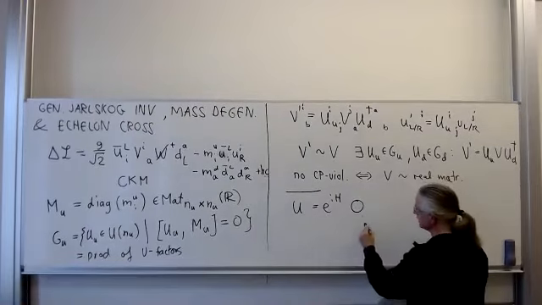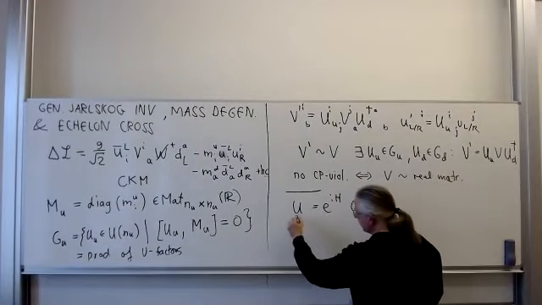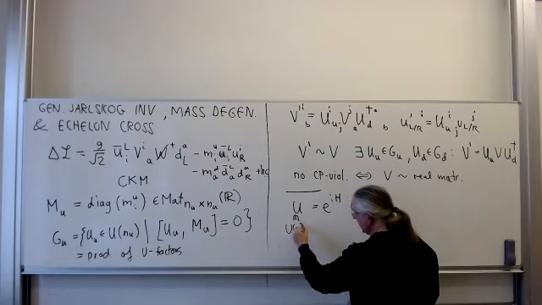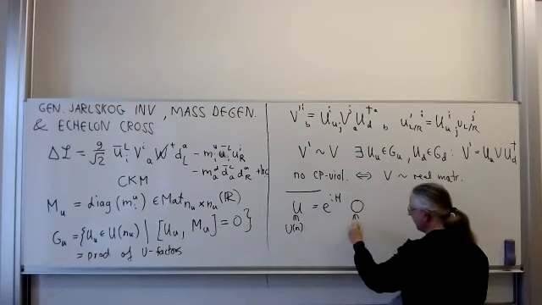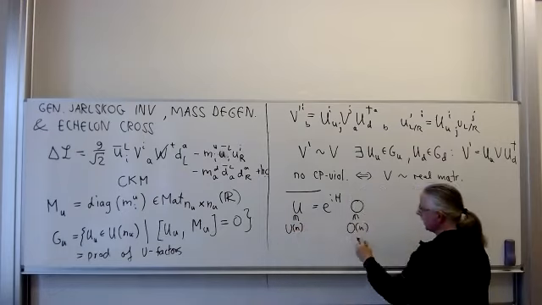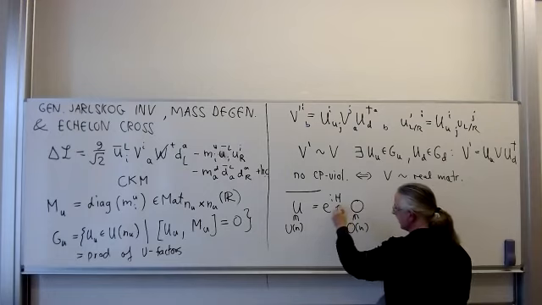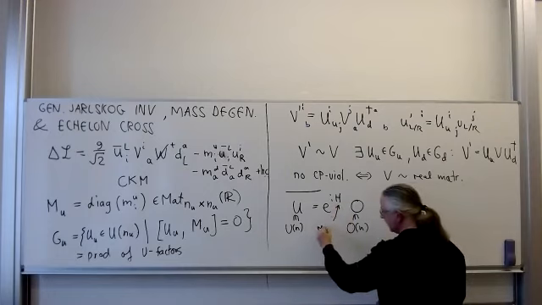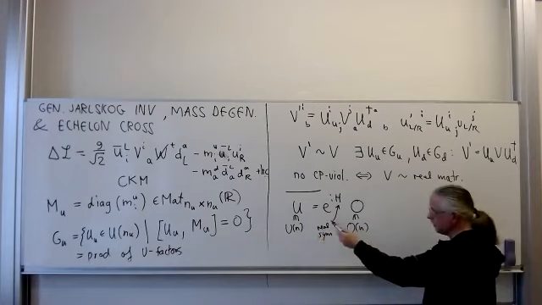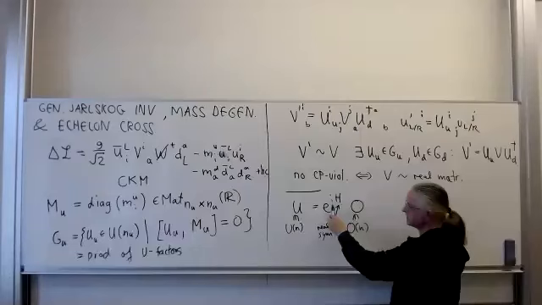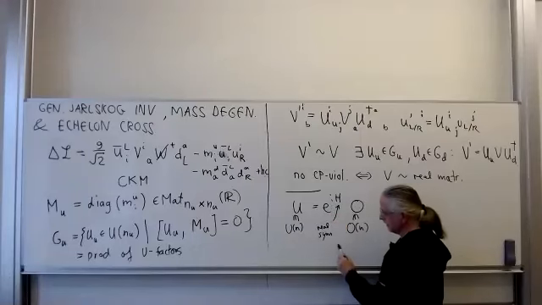So say U belongs to U(N), and O belongs to O(N), and this H is a real and symmetric matrix. So we can parameterize any unitary matrix in this way.